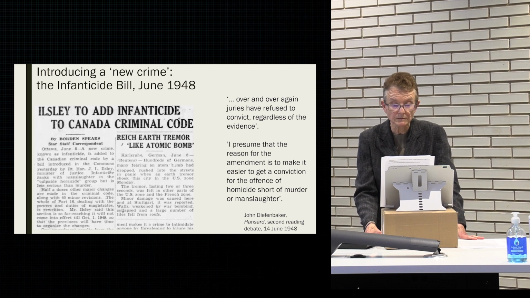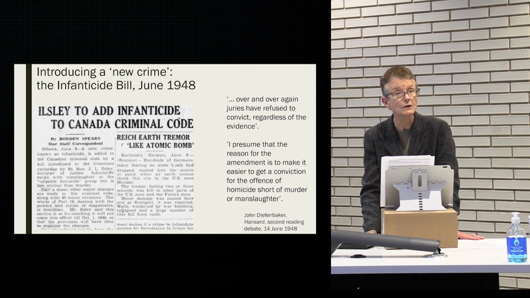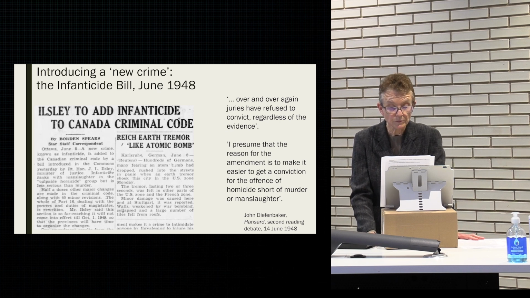Interestingly, the low maximum penalty of 3 years, compared with England's statute of 1938, which still prescribed life imprisonment as the maximum for infanticide, evidently expressed the sentiments conveyed by Evelyn Dick's lawyer, that infanticide was a crime less grave than the murder of an adult, and the perpetrator less culpable.